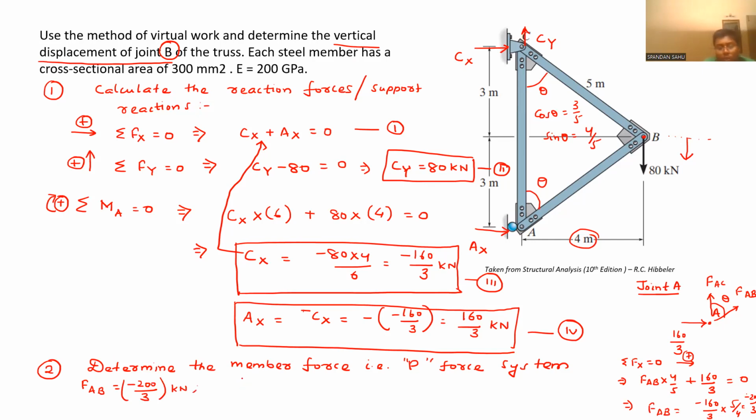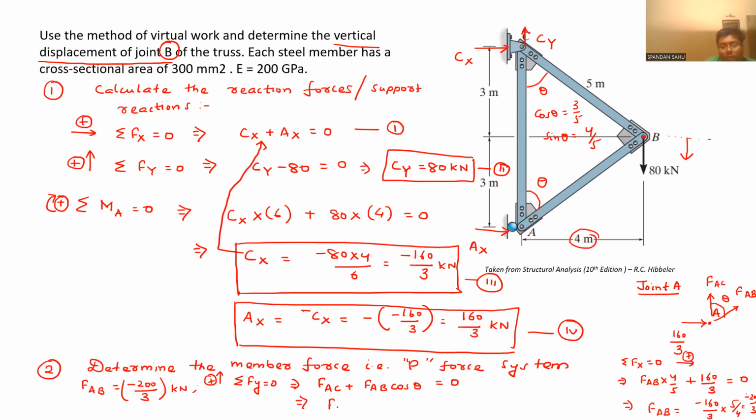Similarly, when we will do summation of force along y equal to 0, and this upward direction will be positive, we will get the equation FAC plus FAB cos theta will be equal to 0.